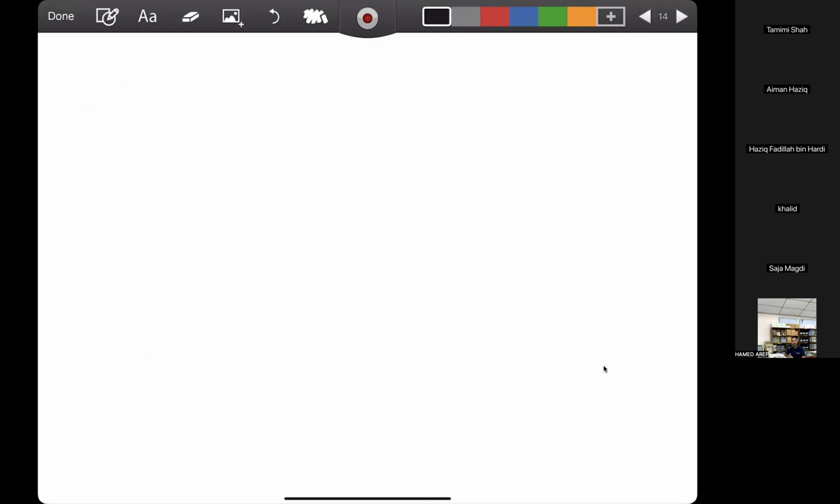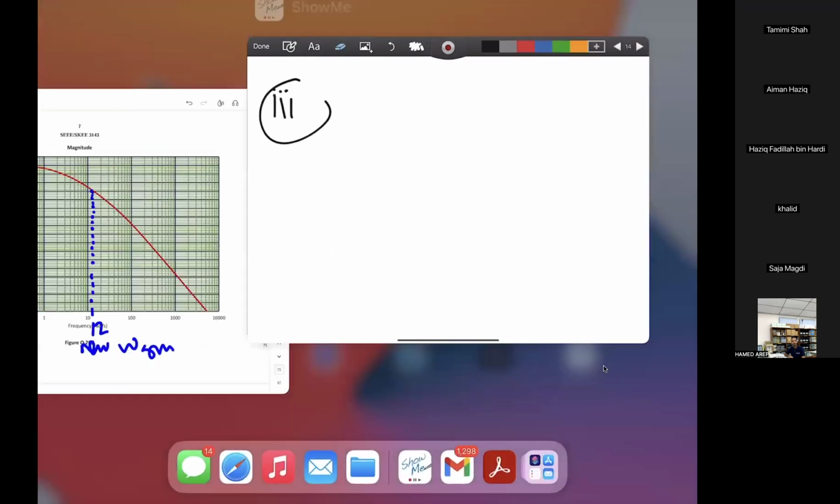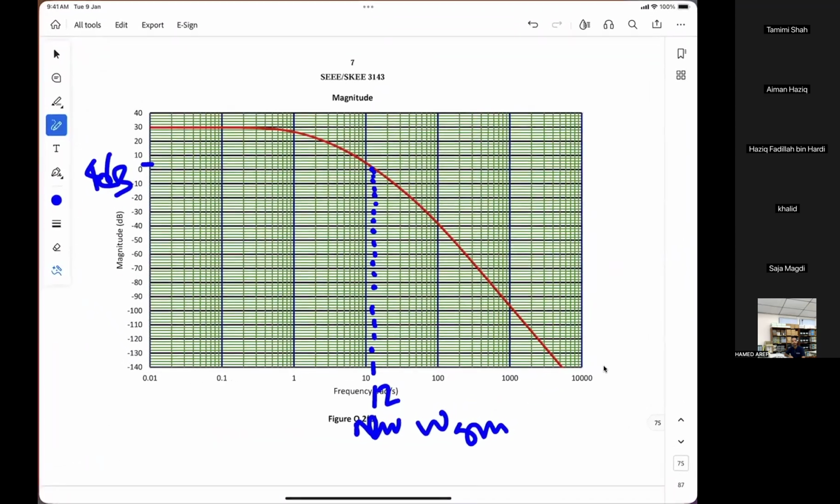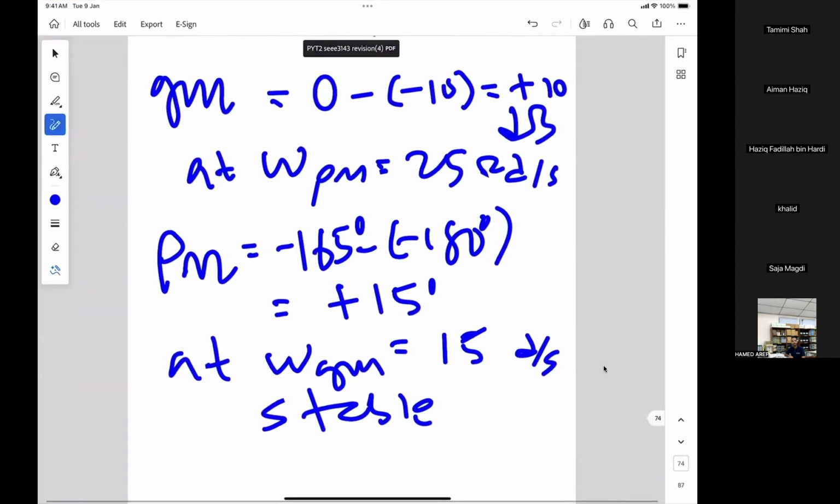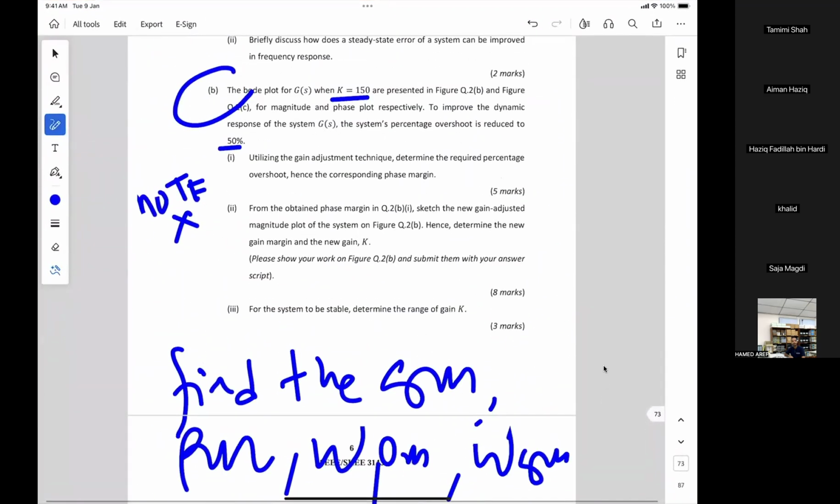So therefore, the third one, what is the third one? For the system to be stable, determine the gain margin.